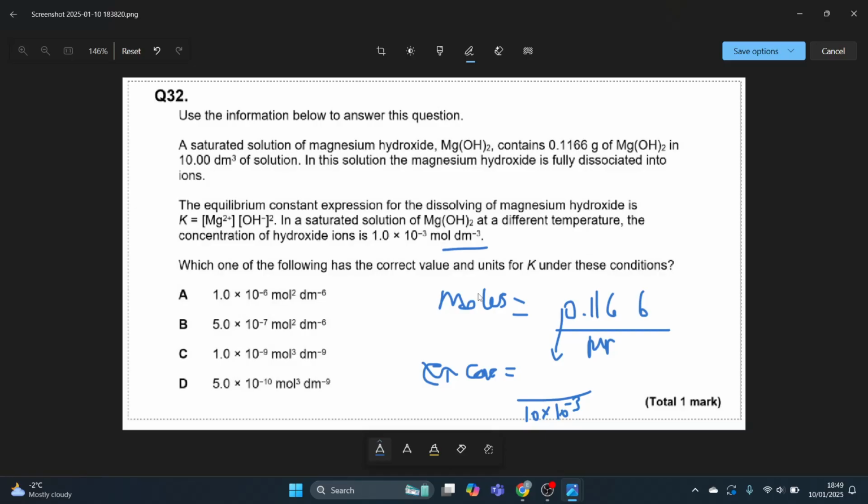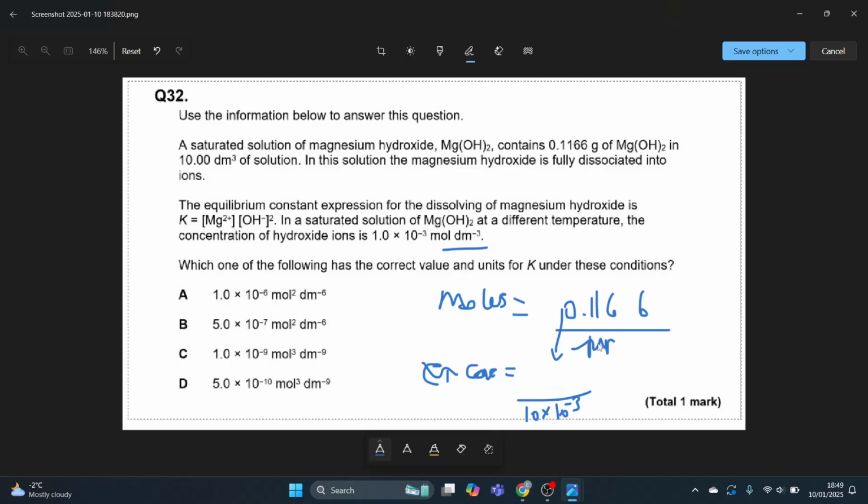So the MR of it is going to be, magnesium, which is the only one I don't know, which is 24.3.